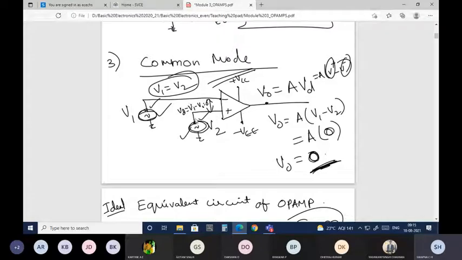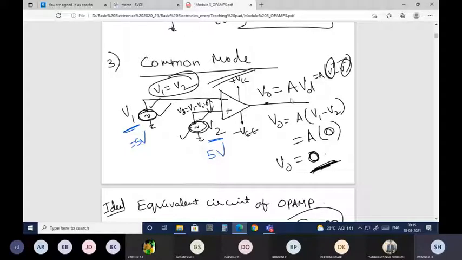Common mode, as I've already explained, means both V1 and V2 are provided with the same input. Here, if I'm giving a 5 volts peak-to-peak signal, here also I'll give a 5 volts peak-to-peak signal. Common mode in the sense both the input values will be the same.